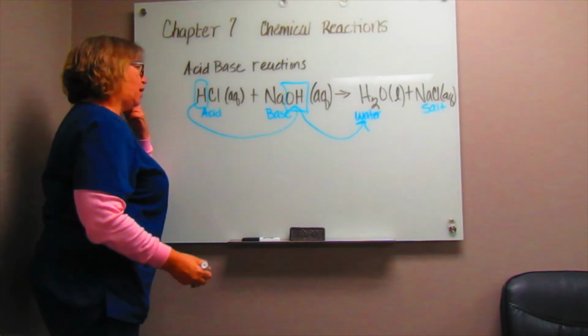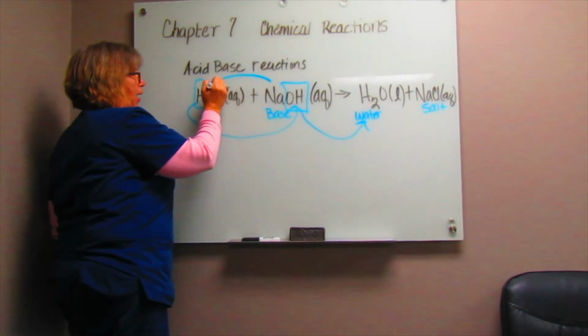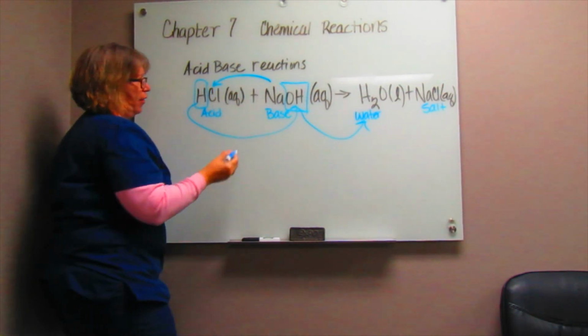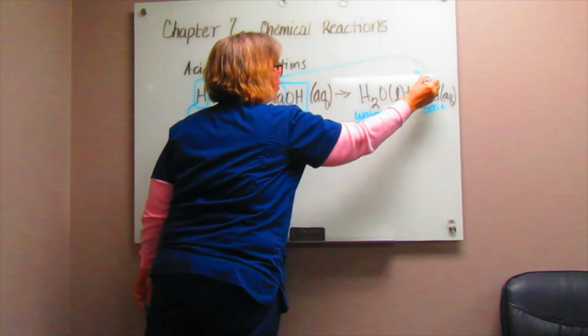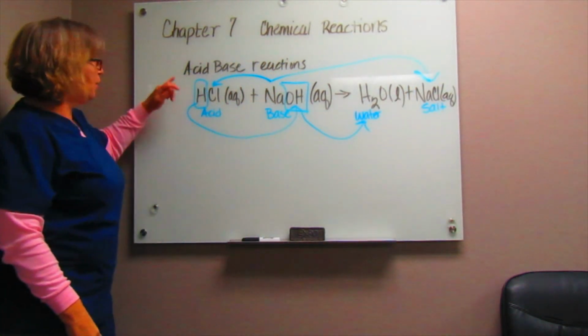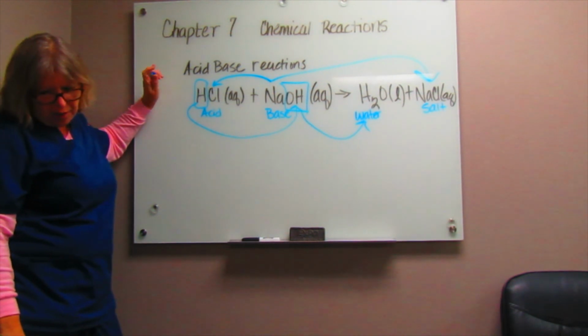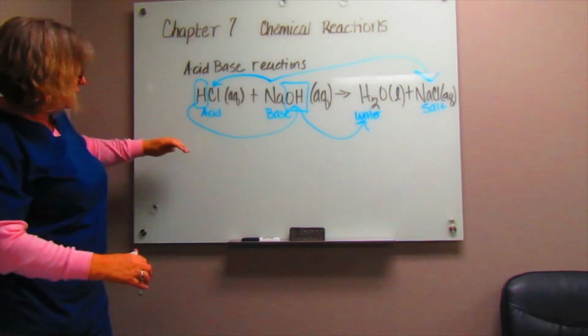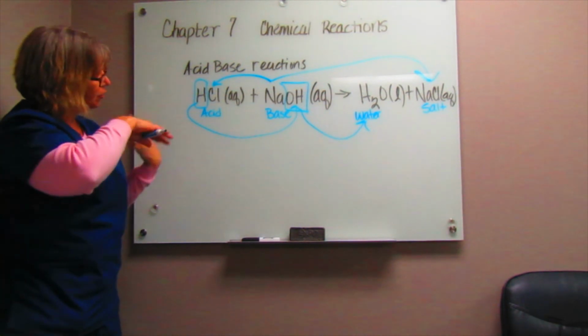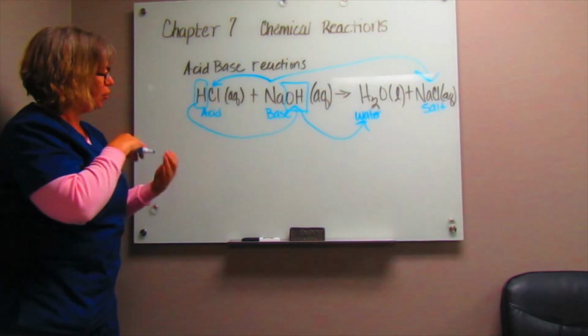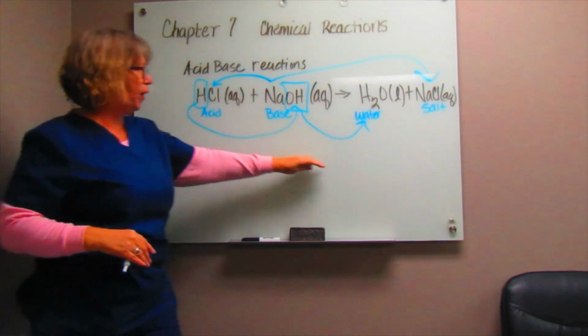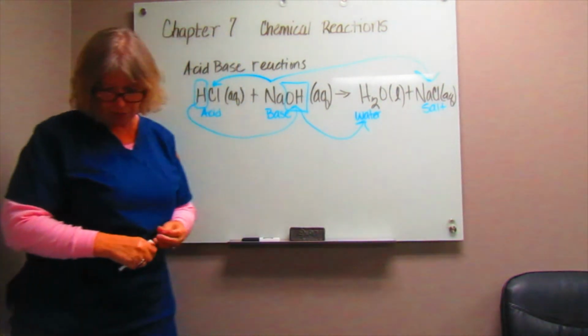And so then our sodium and our chlorine come together to make our salt, right? So that's how we know this is an acid-base reaction, because when the acid and the base are mixed, when the two aqueous solutions are mixed, they create water and a salt.